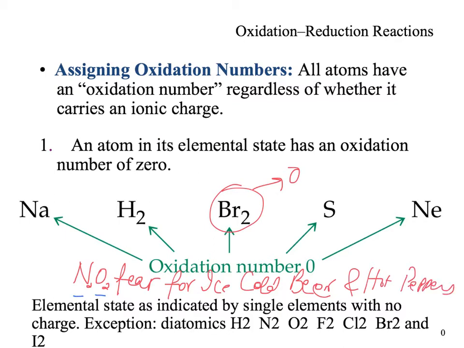That's N2, O2, F2, iodine I2, Cl2, Br2, and H2. These are all the diatomics. So realize that diatomics are going to be given a charge of 0. We are not saying that each of them is going to share that charge. We are just going to say that H2 is going to get a charge of 0.